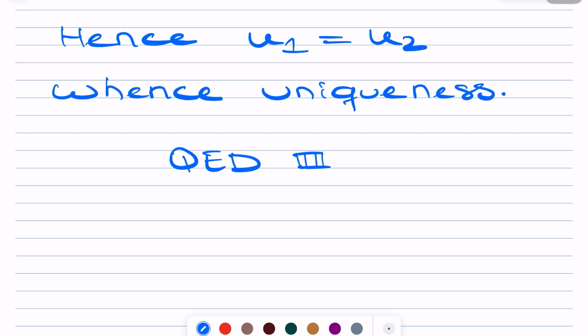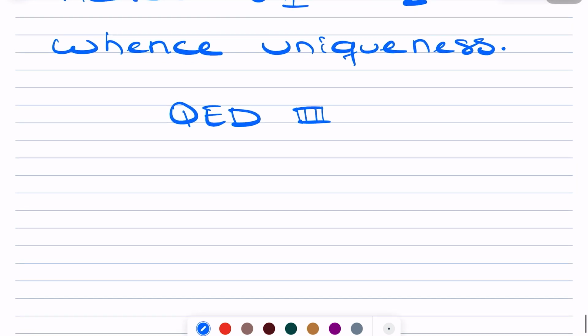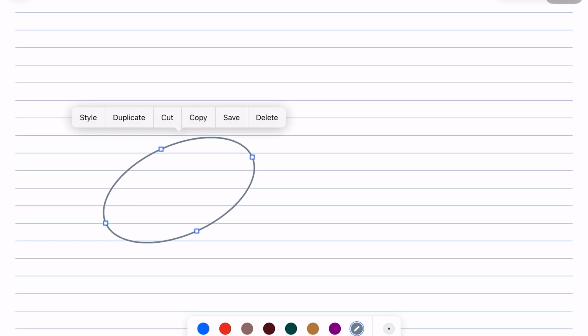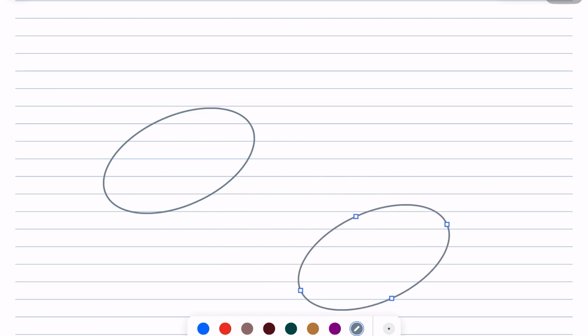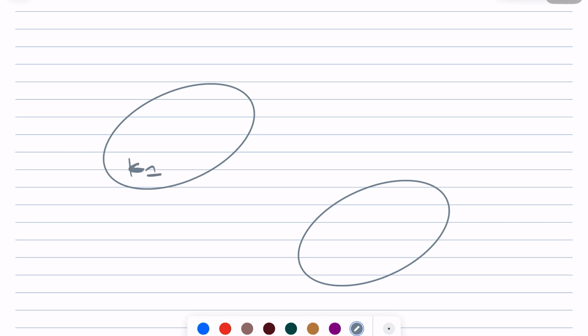So you should project first on, let me just draw it, to make things clear. Say you have this is K1, here you have K2, and then you have a point, let's call it F. You project first on this space, so you get here U1, and then you project back on this space, say U2.